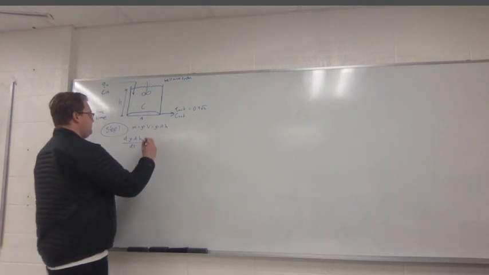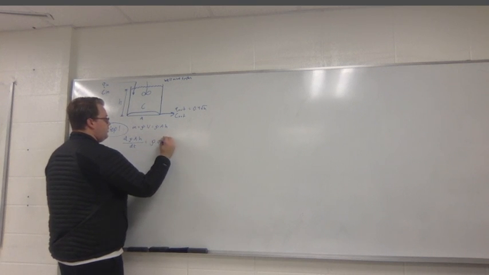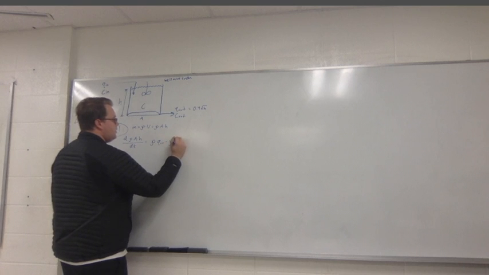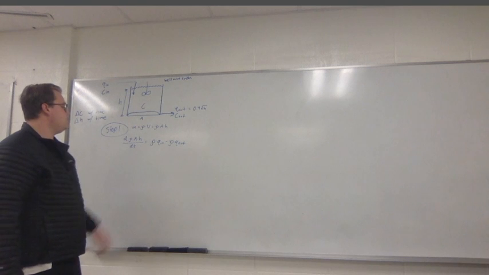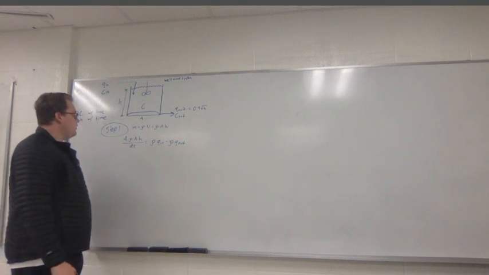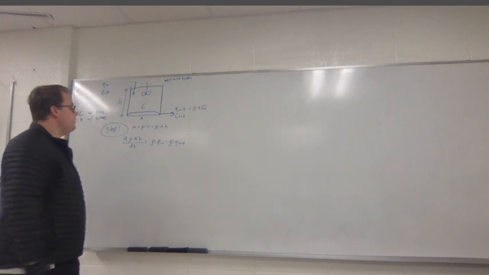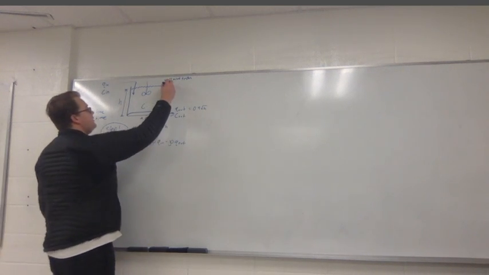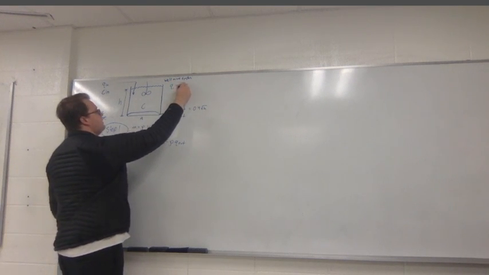So density times flow rate in minus density times flow rate out, where the areas and the heights cancel. We also know, again, that it is a well-mixed system, so we can assume that density throughout our reaction is constant.